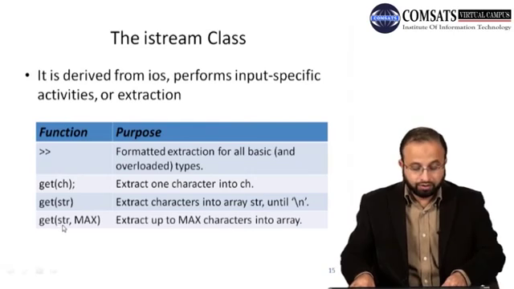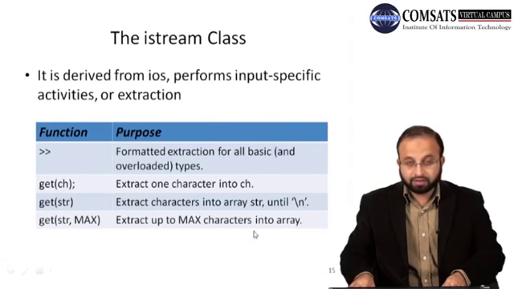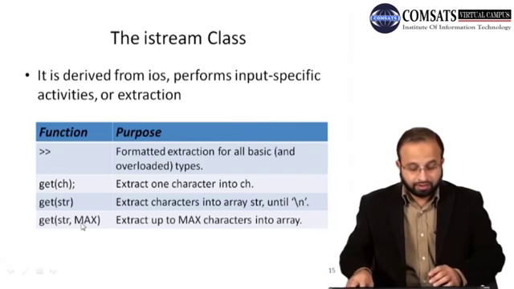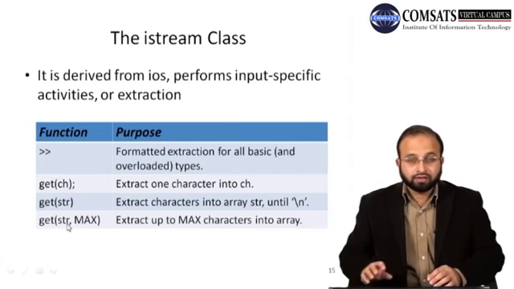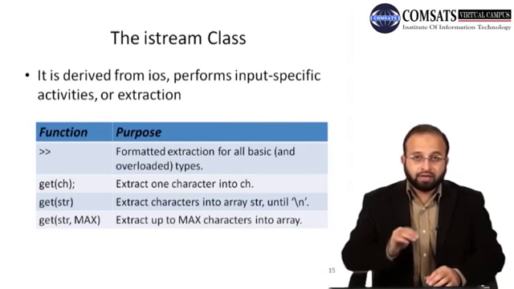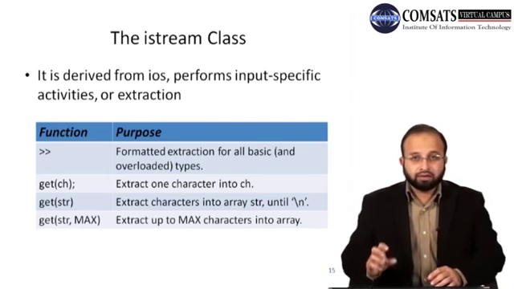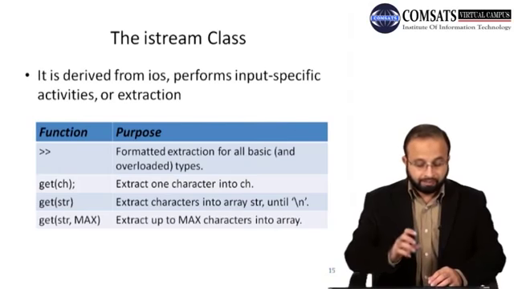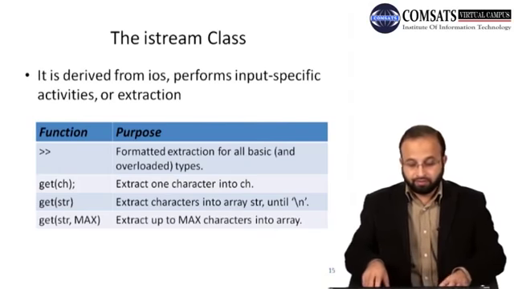So the get function with two parameters, str and max. Max is the number, so extract up to max characters into the array str. So in the array str, extract that many characters from the input stream and put them in, okay? It means get(str, max) reads max number of characters from the input stream and writes them into the string str, right?